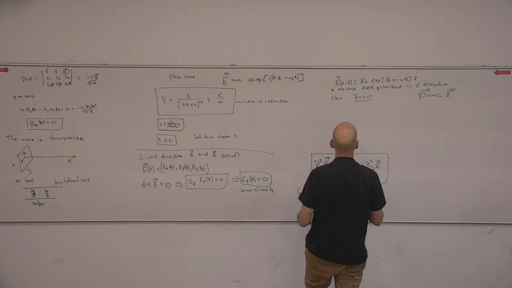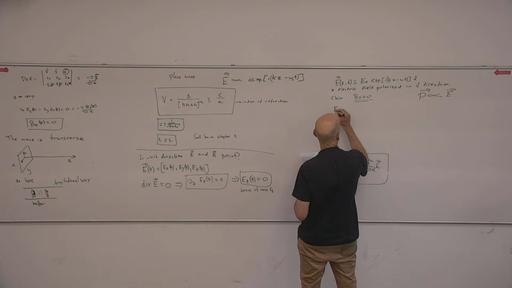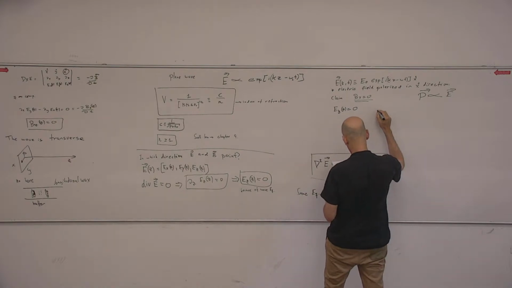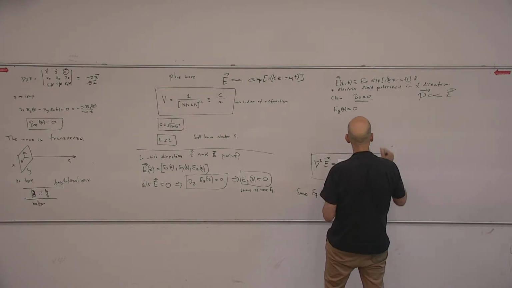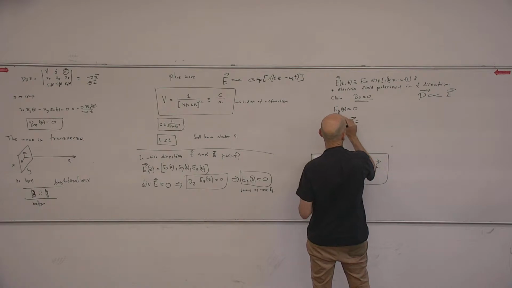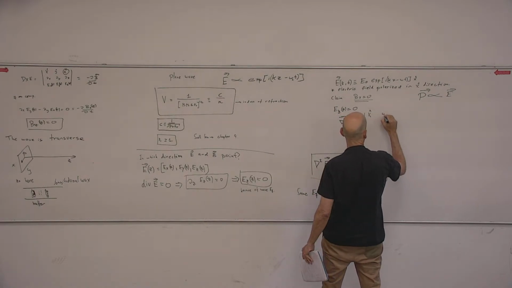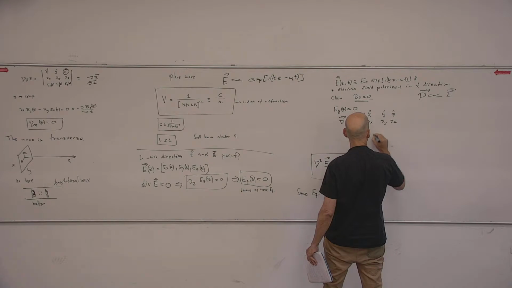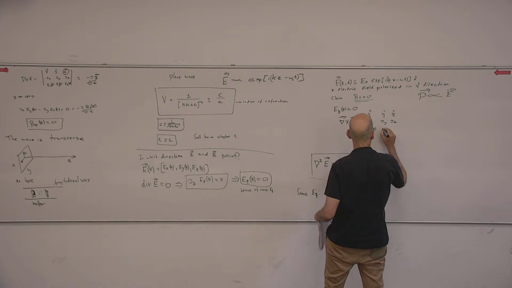Okay, so first of all, we see here that E in the y direction is chosen to be 0. And again, we're going to use Faraday. So Faraday: rotor E is equal to the determinant with x, y, z, d/dx, d/dy, d/dz, and Ex of z, Ey of z, Ez of z.